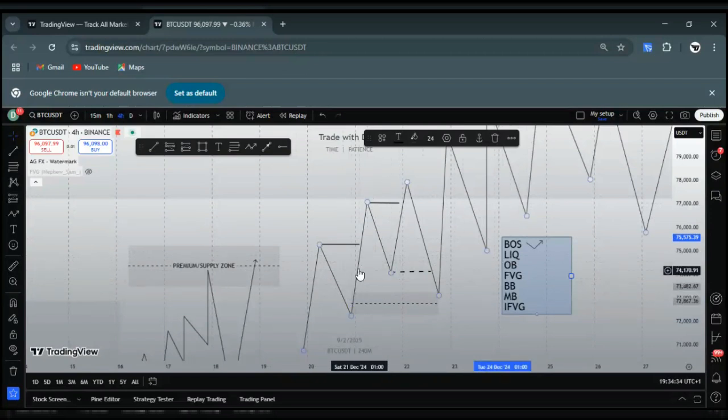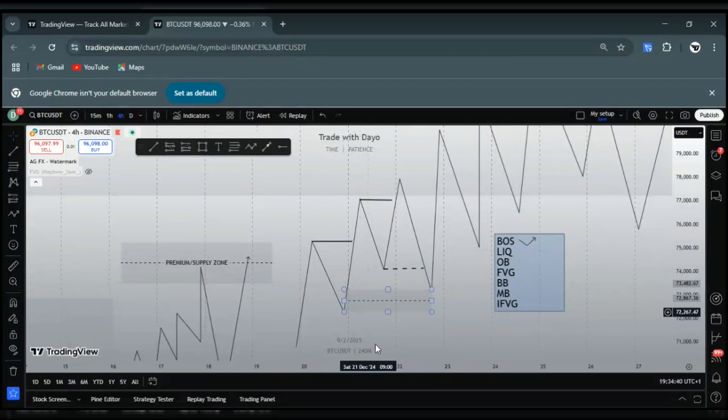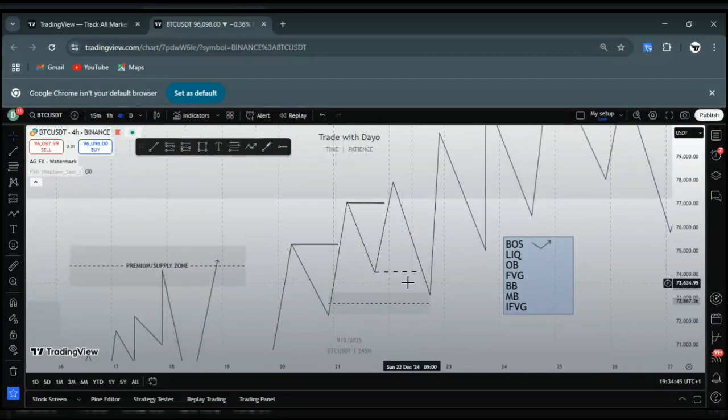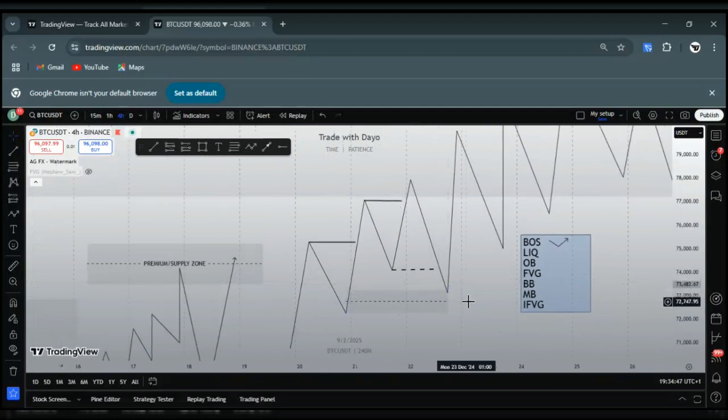Probably a fair value gap near our order block, because most times if you want to know whether an order block is valid or is going to hold, it is when you see something like a fair value gap before the order block. I've spoken about this the other time.